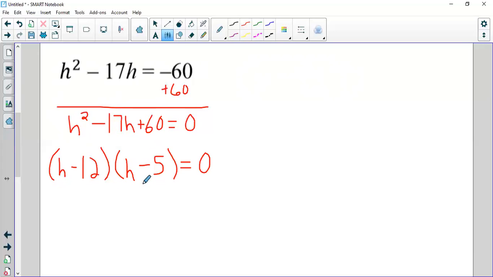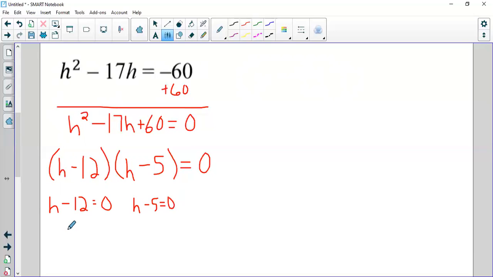And now I have two factors whose product is 0. One of them must be 0. I'll solve each one separately to figure out my answers. h minus 12 is equal to 0, or h minus 5 will be equal to 0.